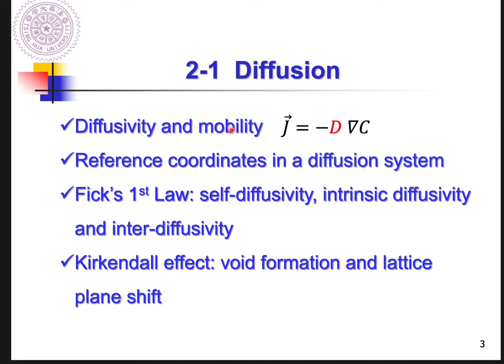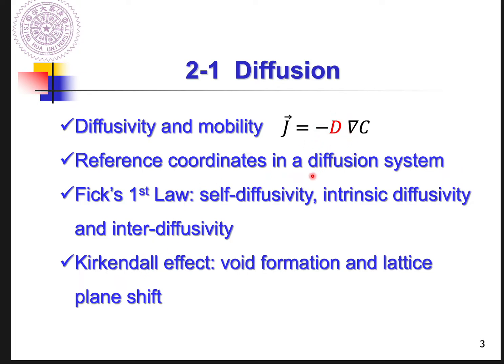And also, some people will use, instead of diffusivity, the mobility to describe diffusion phenomena. And then we are going to talk about what the diffusivity is. We do have different diffusivities defined based on different material systems and different reference coordinates.